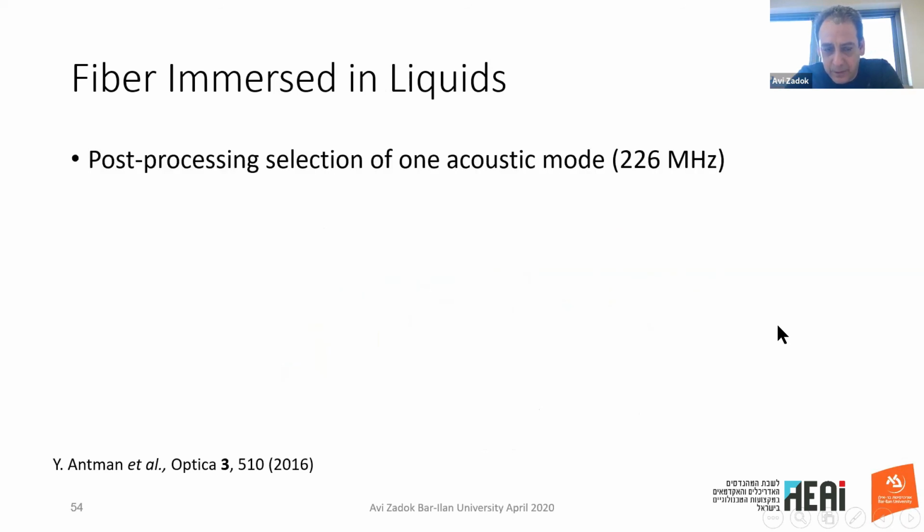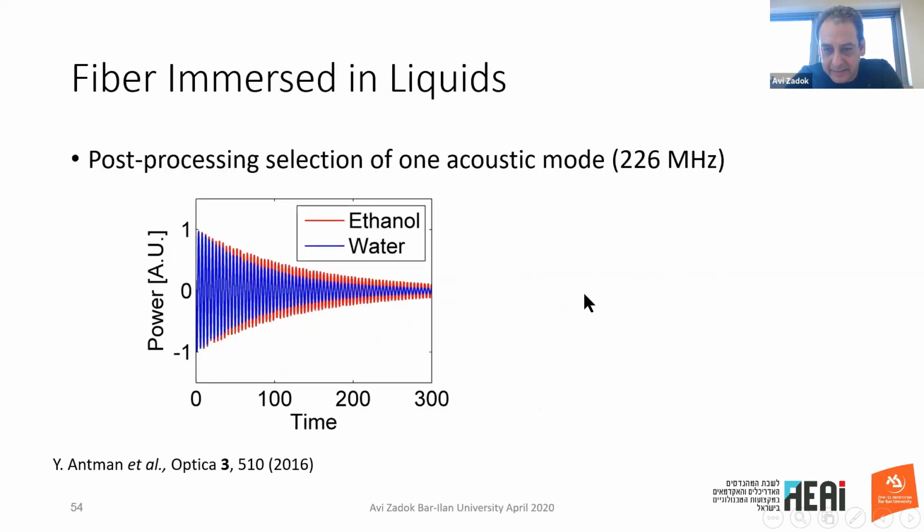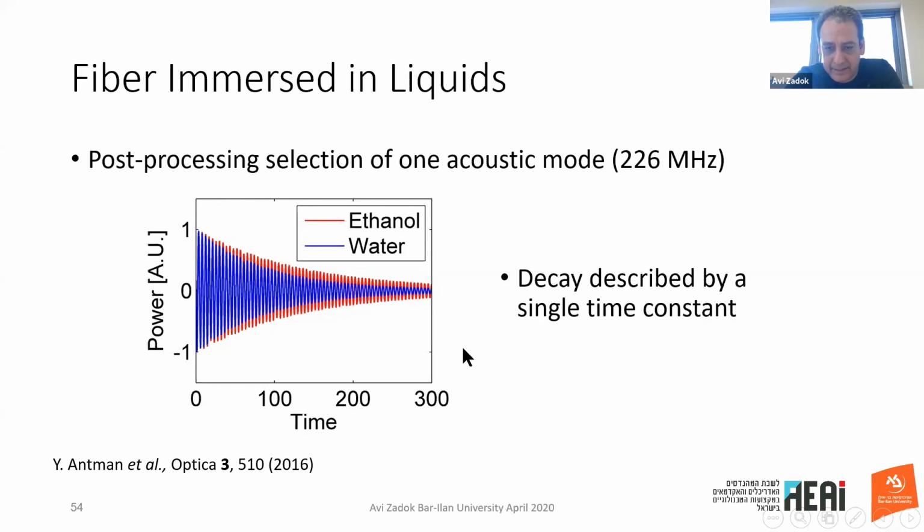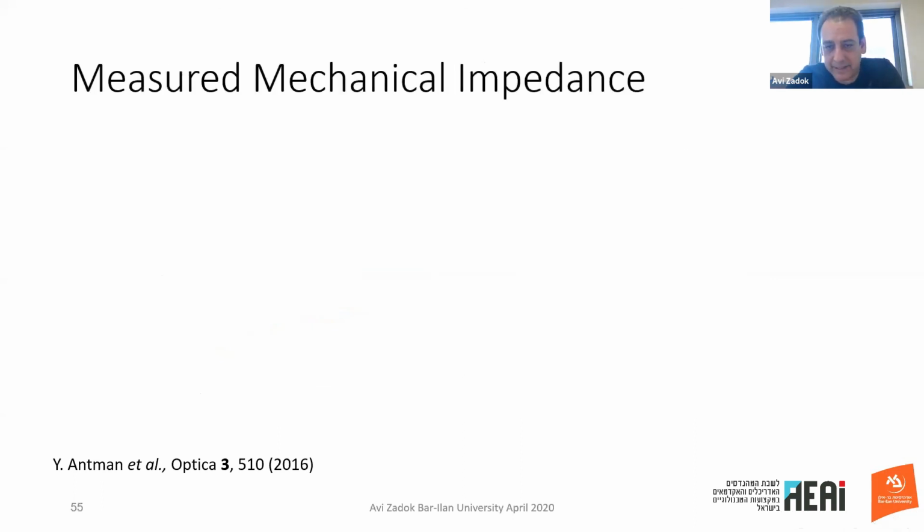And if we were to select just a single one of these acoustic modes via post-processing, then you see there is exponential decay, and it is faster in water, and it is slower in ethanol because of the difference in impedances. And this agrees quantitatively.